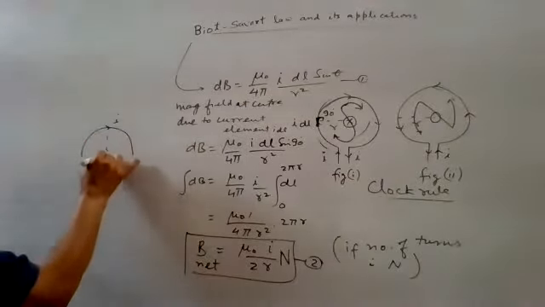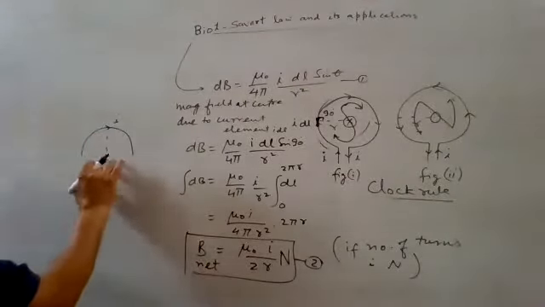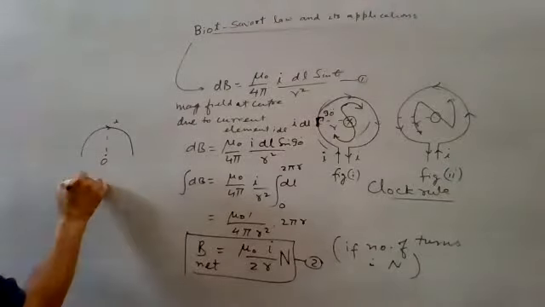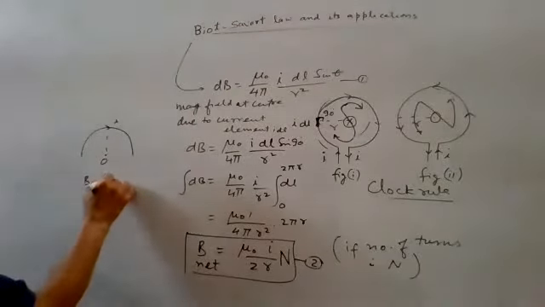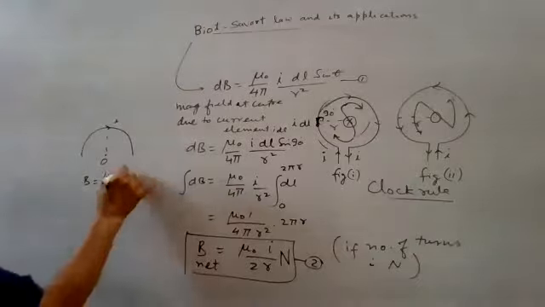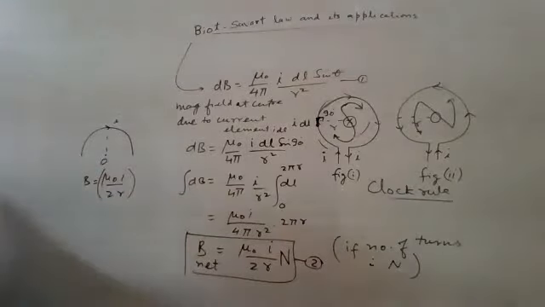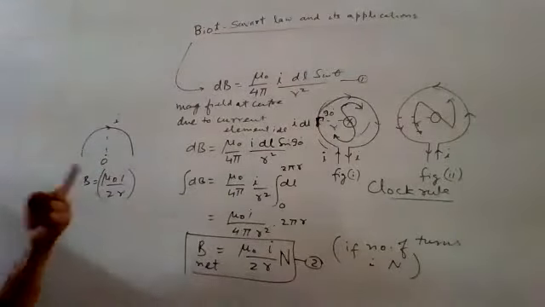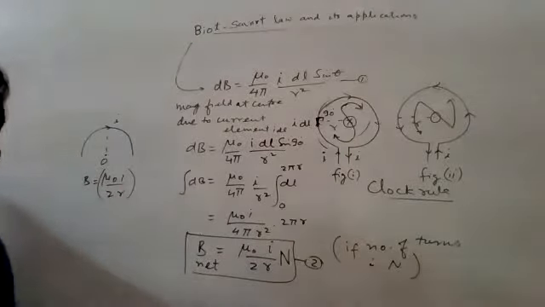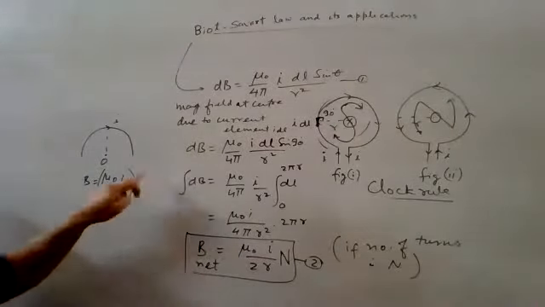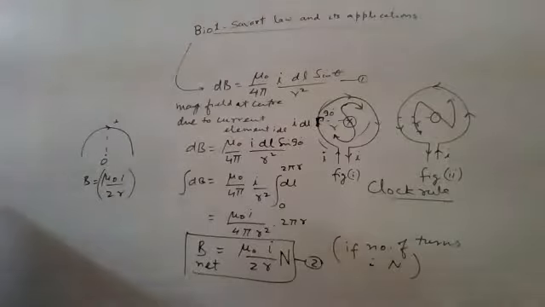In that case, at the center O, what is the value of magnetic field B? Mu naught I upon 2r is the formula of the magnetic field if a single turn is there. If half, simply multiply with half. Got it?